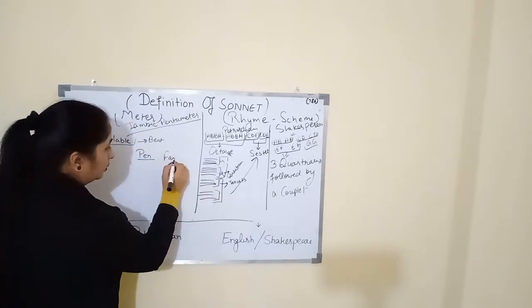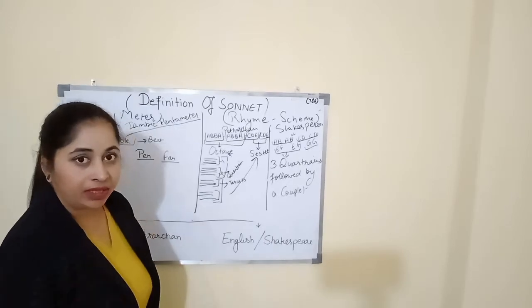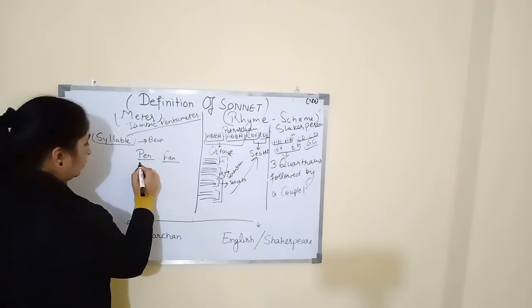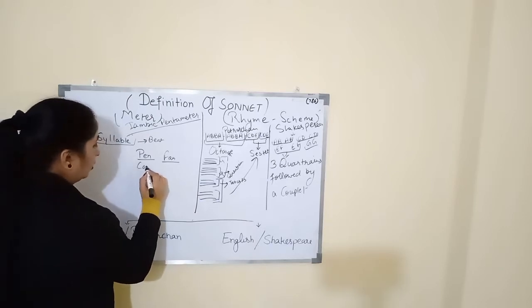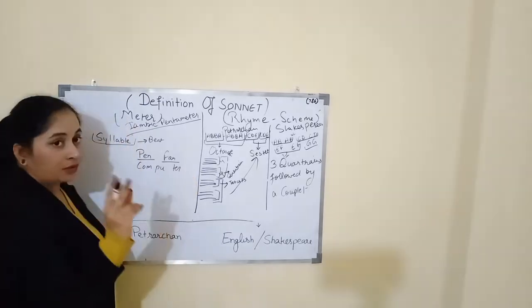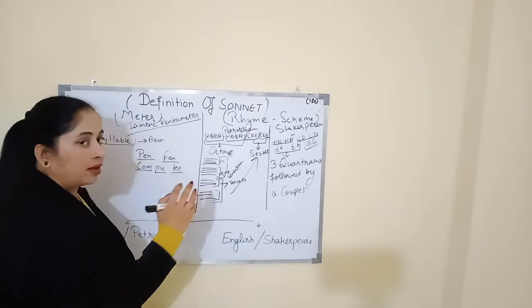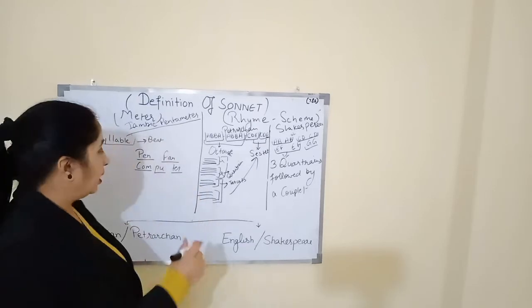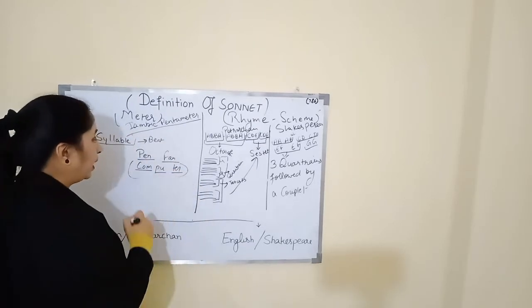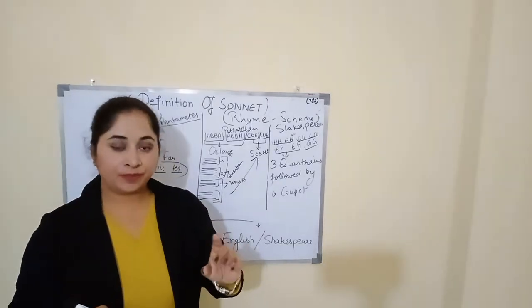Fan. Fan, one beat. Computer, three beats. Computer, three beats in one word itself, right? So syllable is what? Syllable is a beat, first of all.